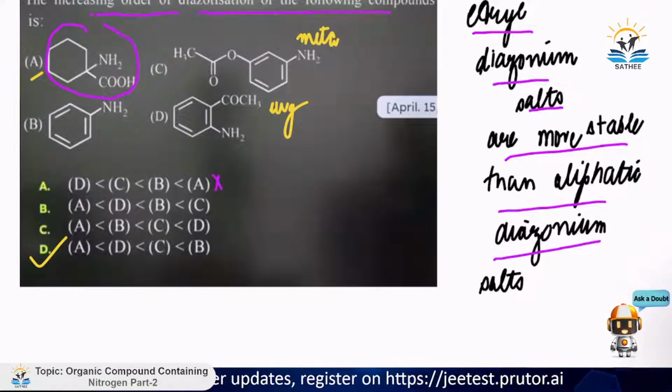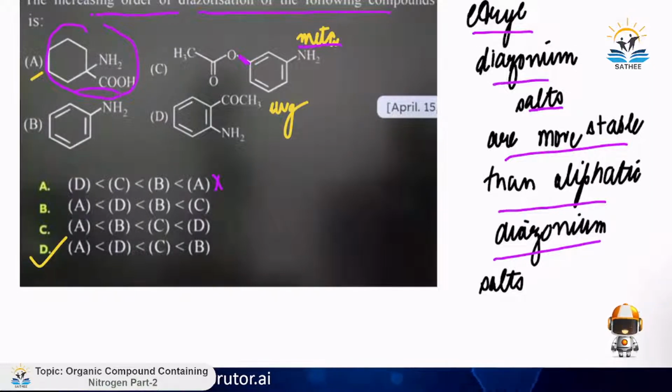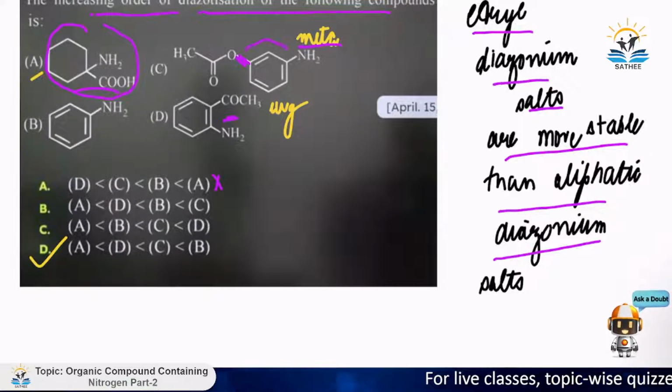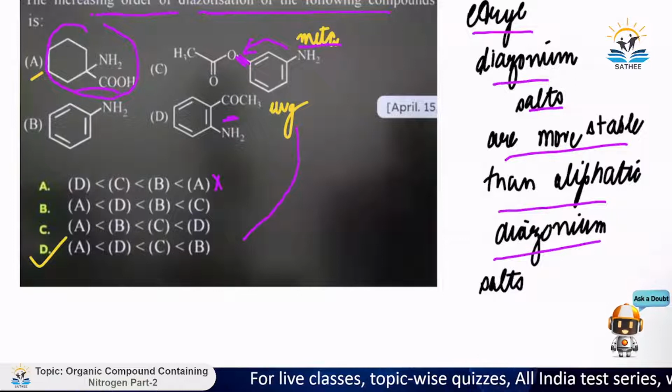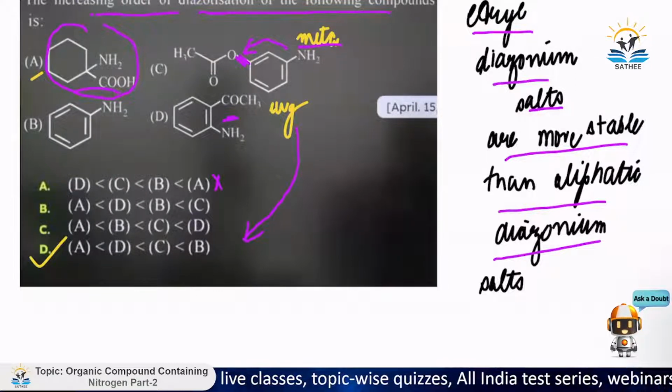Now in case of C, D, and B, this is pure aniline. Here aniline, and at the meta position we have this group, and here at the ortho position we have C double bond O CH3. So what will happen, since it is at the meta position, it will act as an electron withdrawing group. Okay, and an electron withdrawing group is present.